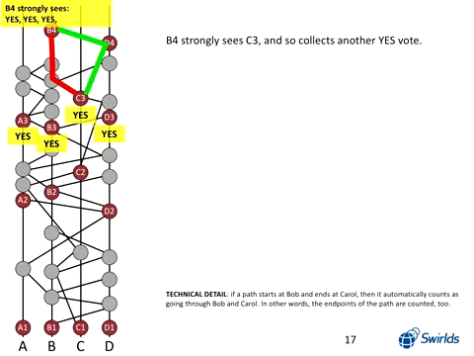Similarly, B4 can strongly see C3. And this time the lines go through Bob, Carol, and Dave. Carol finally got to participate, and Alice didn't. But that's fine. We don't need Alice, because Bob, Carol, and Dave makes up more than 2/3 of the population. It's a supermajority. By the way, you'll notice that I say that B4 sees C3 through Carol.